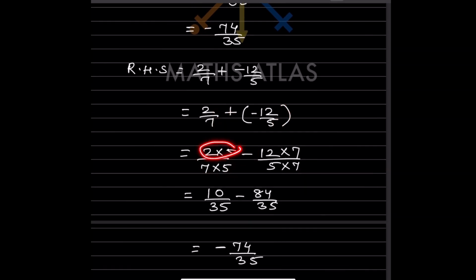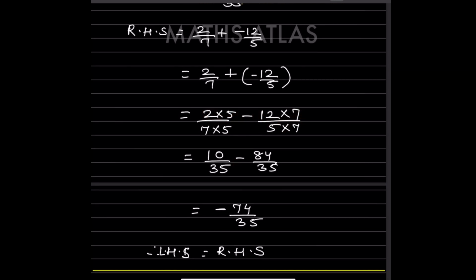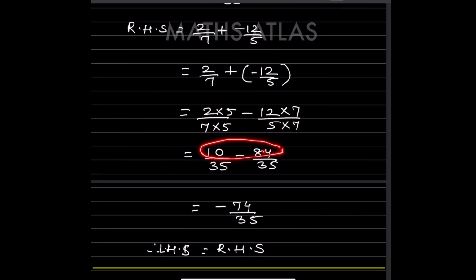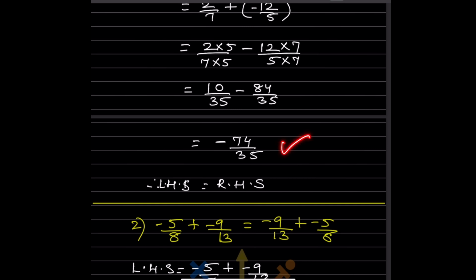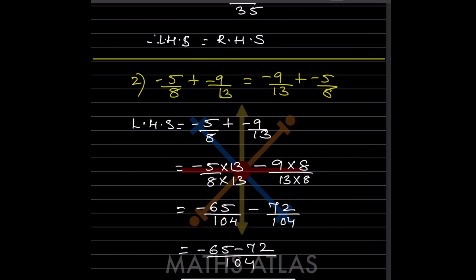So this will be 10. This will be 84. So now here you can see 10 minus 84. So minus 84 plus 10. So that is going to be minus 74. So minus 74 by 35. So this and this is the same. So we can write here LHS. This is important. We have to write here because we have to verify. So LHS is equal to RHS. Therefore LHS is equal to RHS.